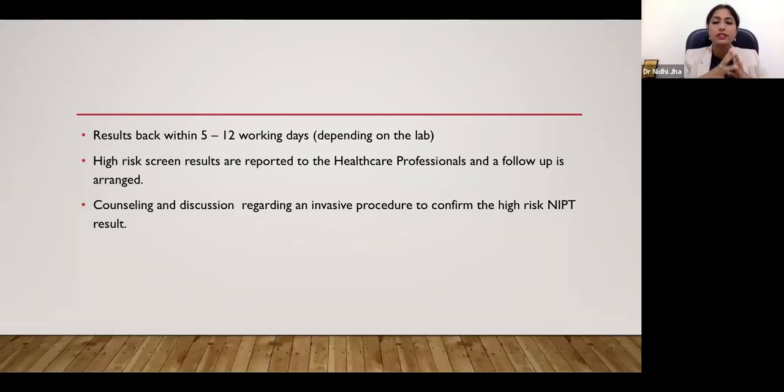It is just a screening method. So every high-risk NIPT, or any high risk, as far as other high risk like dual marker and combined screening is abnormal or quadruple screening is abnormal, we should not confirm it with NIPT. It should be confirmed only with invasive testing.